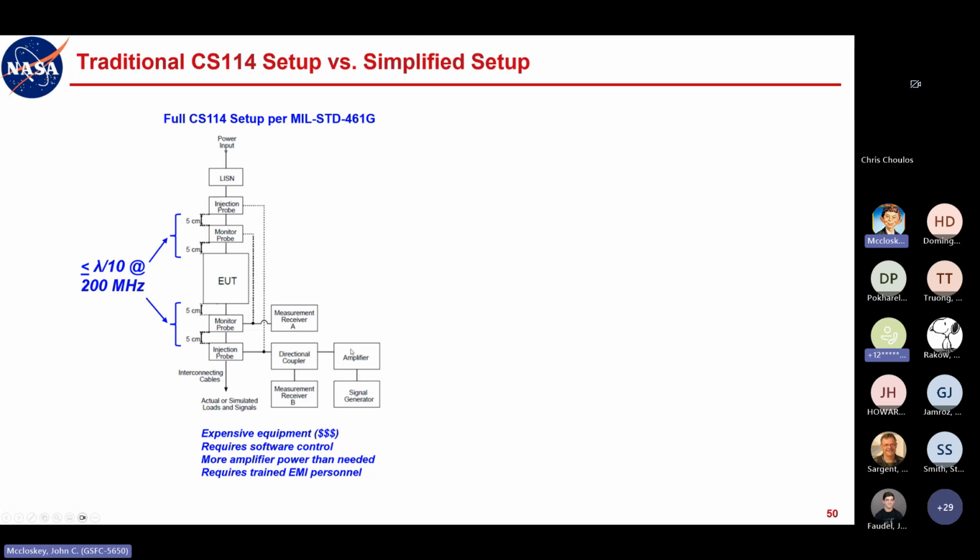And so the full setup tells you to go through this directional coupler, and then your measurement receiver is connected to the directional coupler.